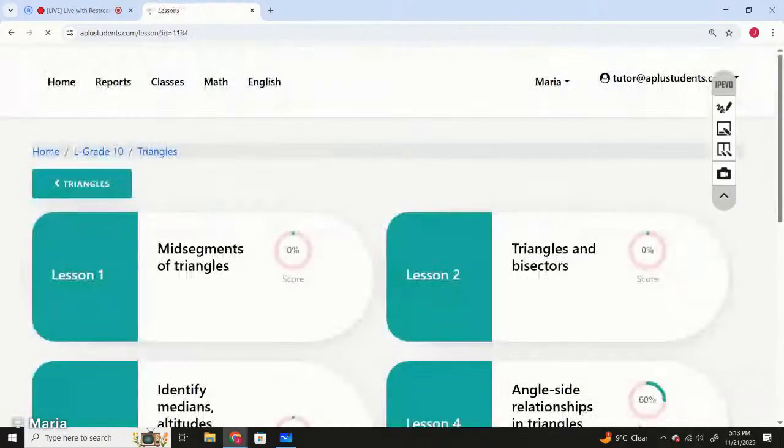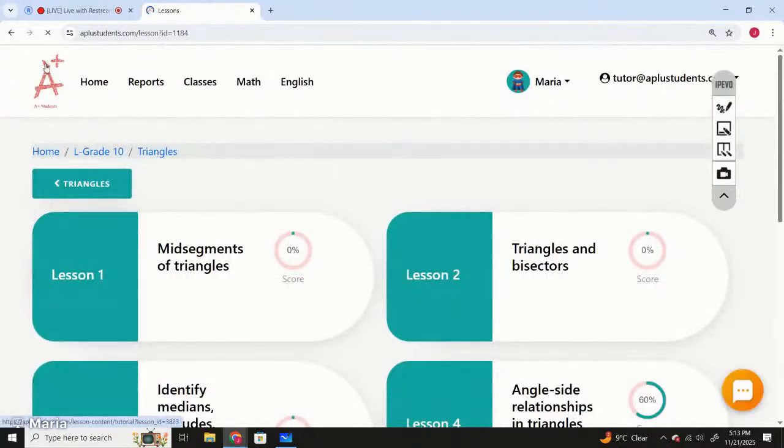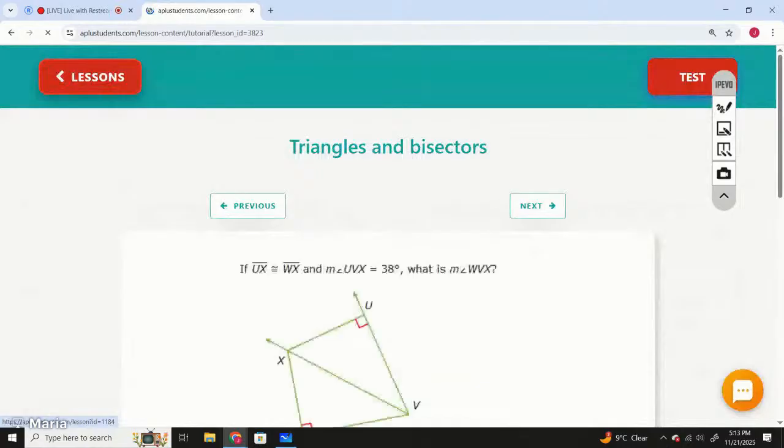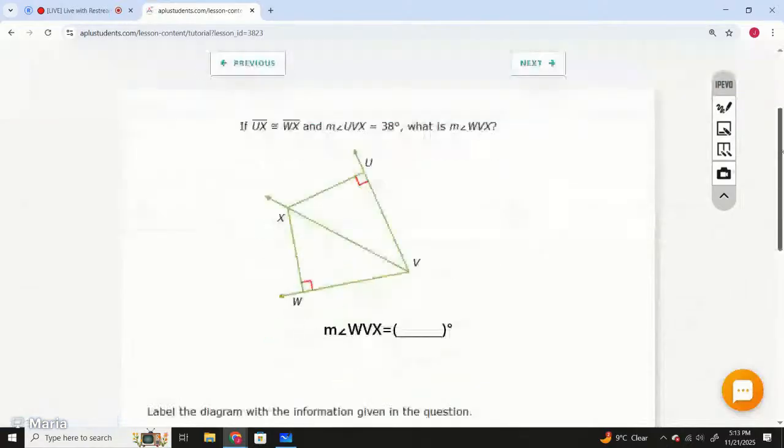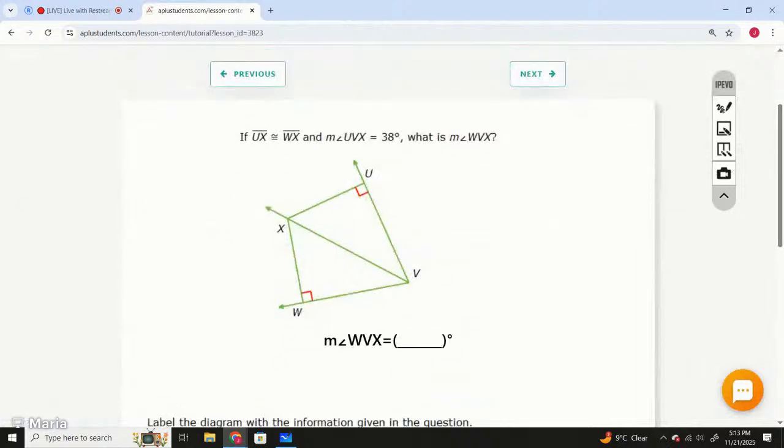Okay, let's move on to the next lesson. The next lesson is triangles and bisectors. Where is UX? This is UX.